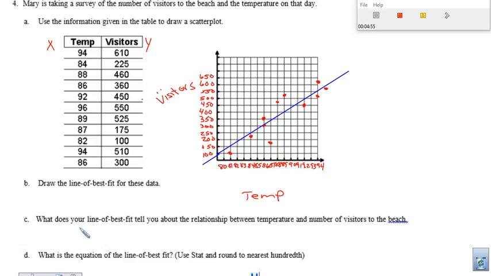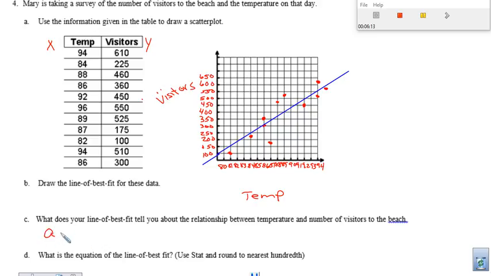And then C, what does your line of best fit tell you about the relationship between the temperature and the number of visitors to the beach? What's important is that we don't just say X and Y, but we use the values and name what X is.